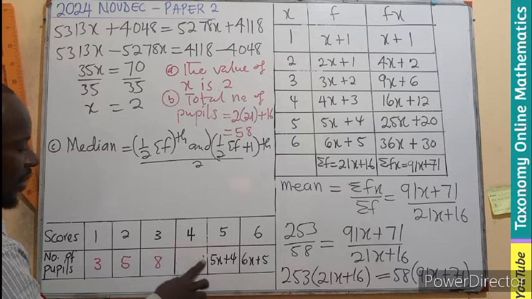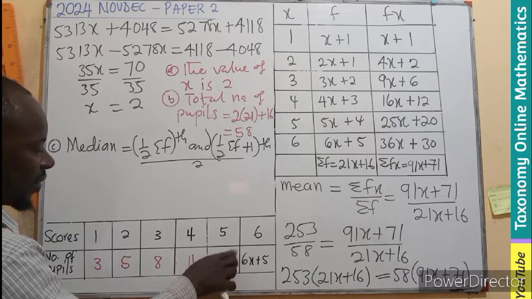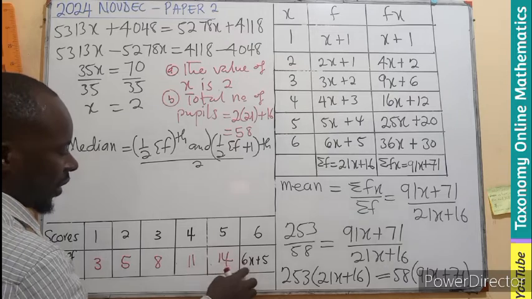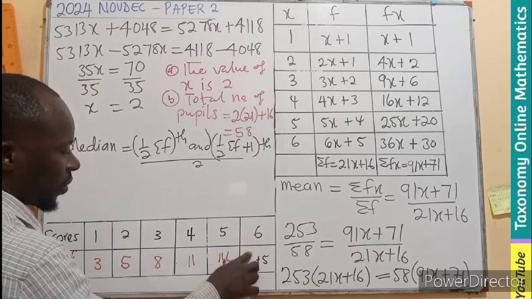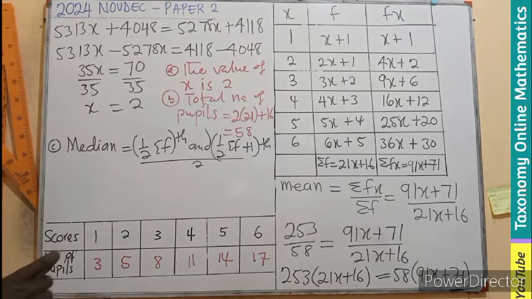Plus 3 will be 11. 2 times 5 is 10, that will be 14. 2 times 6 is 12, that will be 17. Alright.